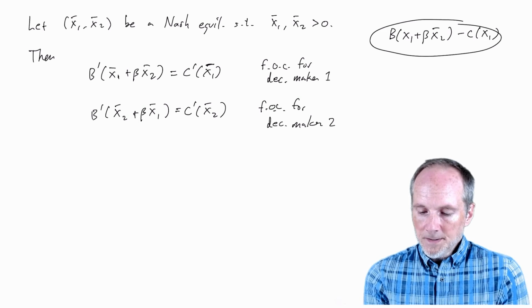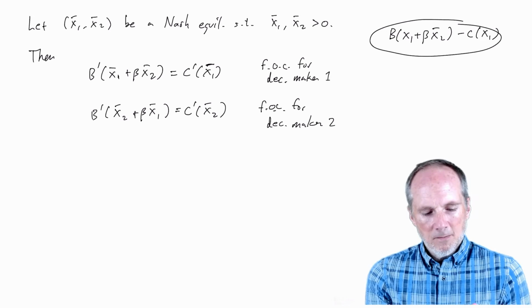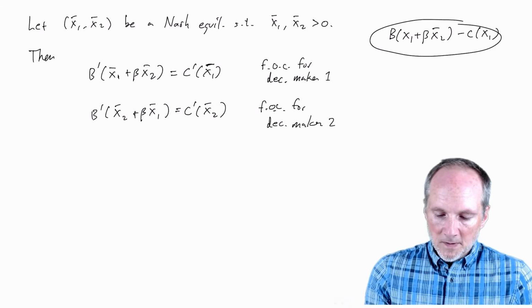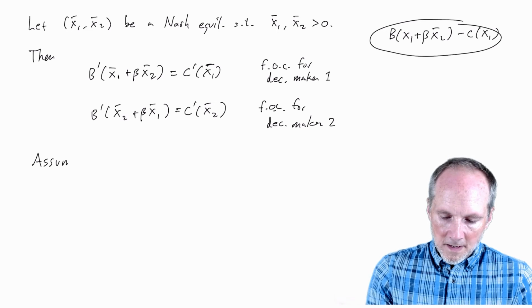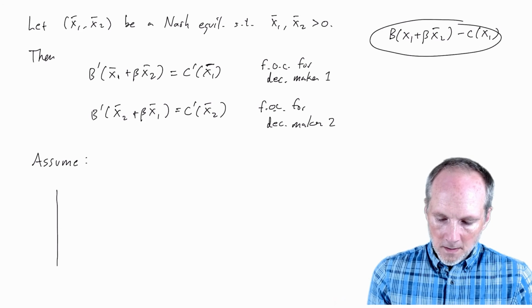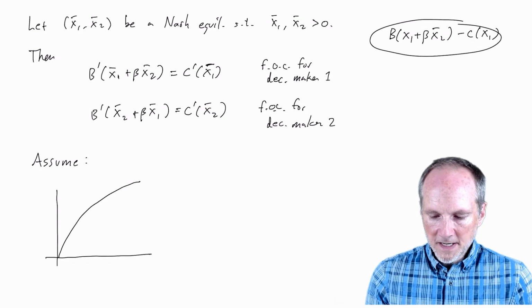Let's make a couple assumptions about this, and I won't go on too much longer, and we can continue this in the next installment. Let's assume, just to get a handle on this problem, that this benefit function has this kind of concave shape.